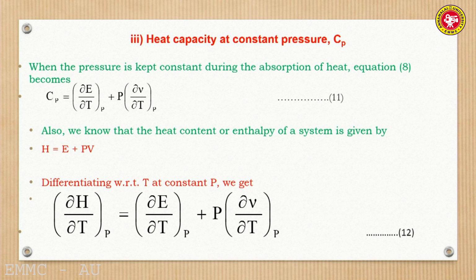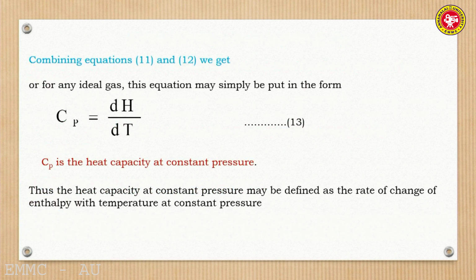On differentiating with respect to temperature at constant pressure, we get (∂H/∂T)p = (∂E/∂T)p + P(∂V/∂T)p. Combining equations 11 and 12, for any ideal gas this may simply be put in the form Cp = dH/dT. Cp is the heat capacity at constant pressure, defined as the rate of change of enthalpy with temperature at constant pressure.